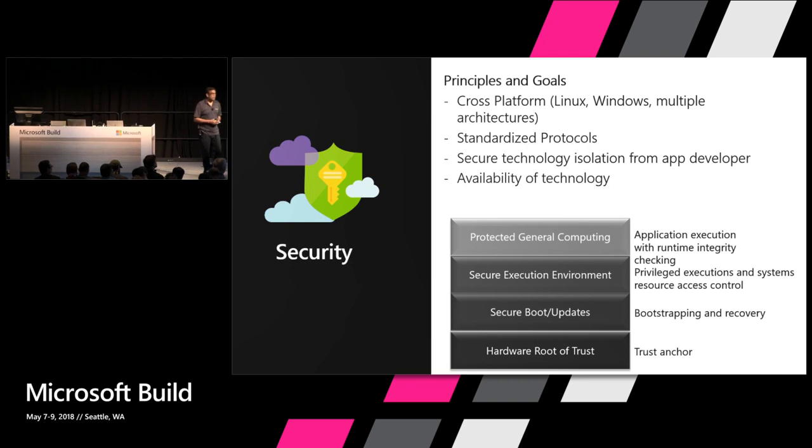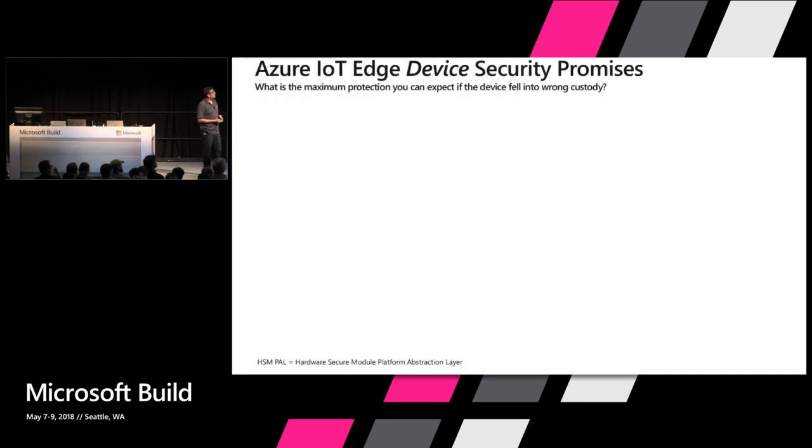If the hardware allows you, you could have a secure execution environment, like a trusted execution environment or SGX in the case of Intel. And then you go up one more stack, and you do your protected computing environment where you have your modules running. And here is a picture of how it all comes together.